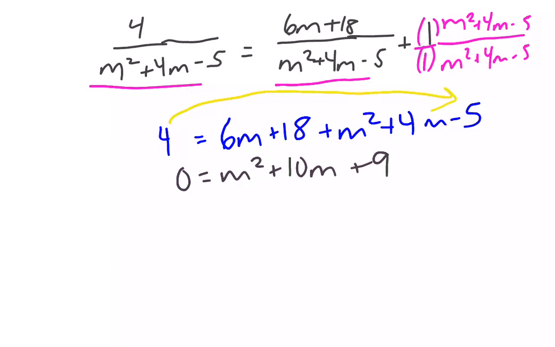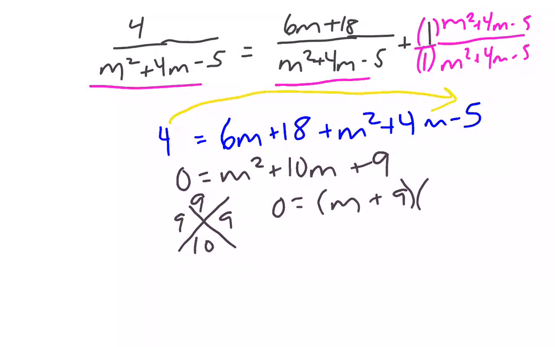And yay, this one does factor to 9, 10, 9 and 1. So 0 equals m plus 9 times m plus 1. So my two solutions are negative 9 and negative 1.